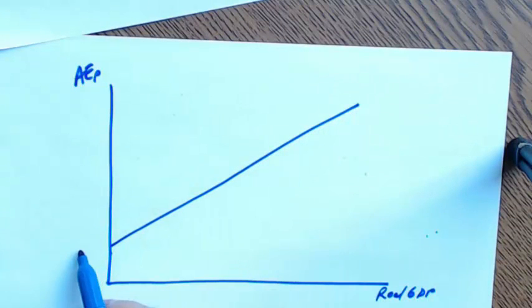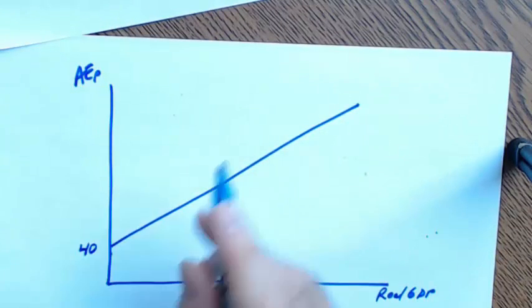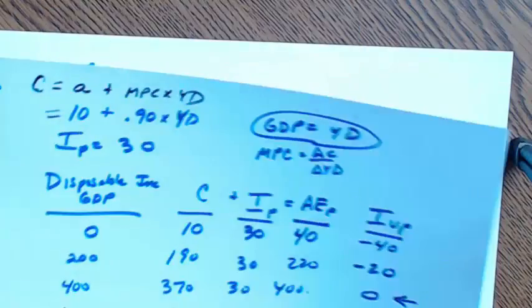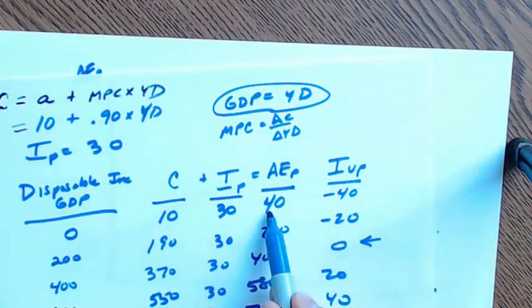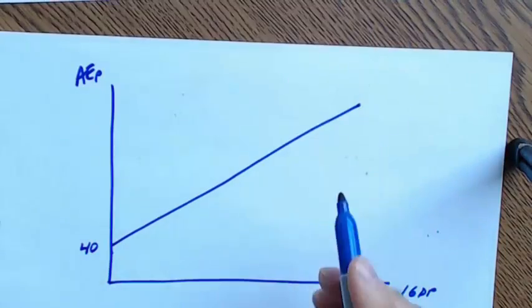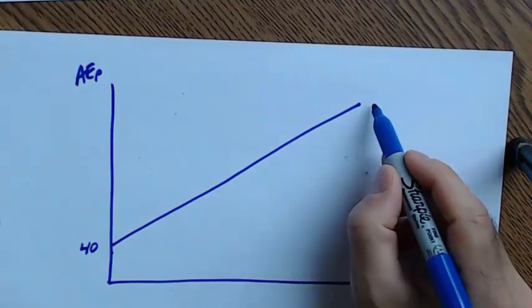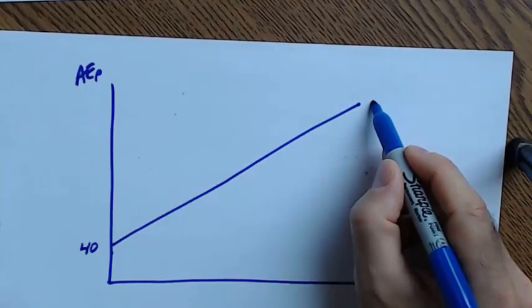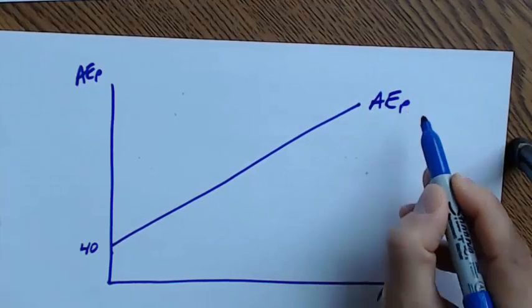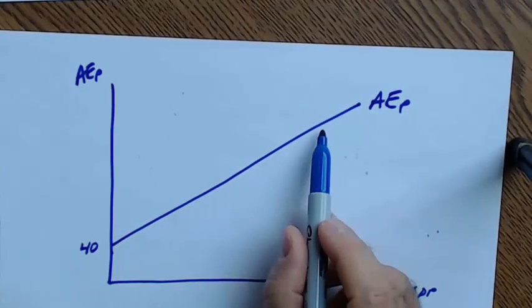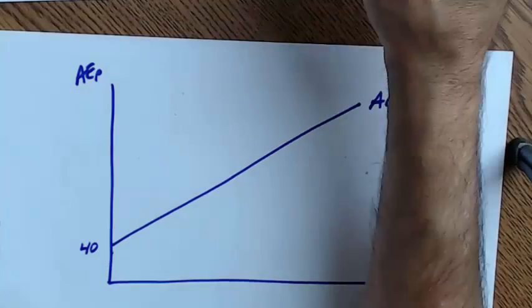It's going to start out at 40. Why does it start out at 40? Because when we have zero GDP, planned expenditures are 40. Okay. And so this represents the AEP, planned.